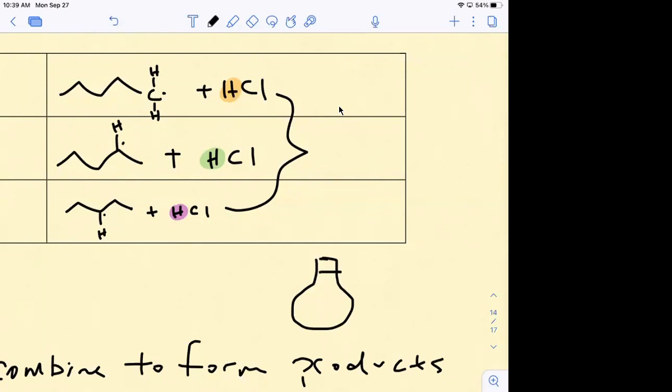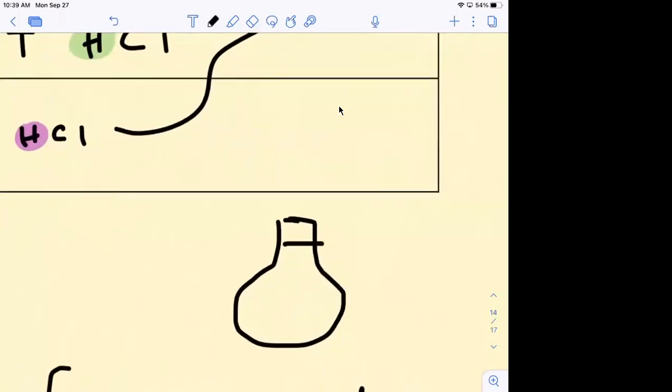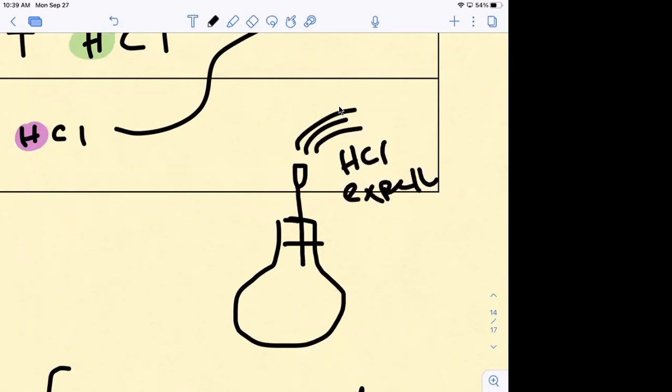It's like a rubber stopper. And then you just stick a needle in. And then the HCl can come out as a gas. It can be expelled as a gas. So this is your reaction mixture, and every time you make HCl, you just expel it.